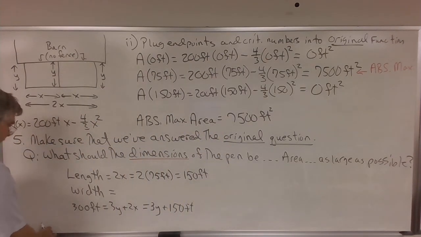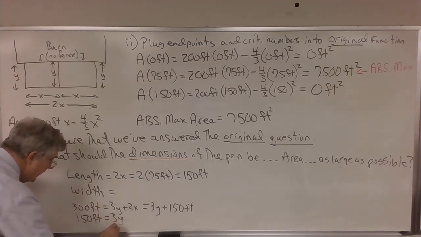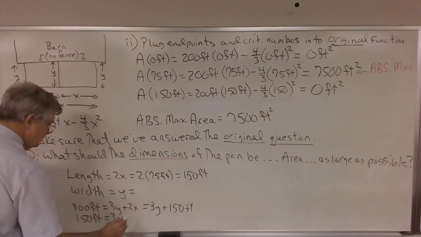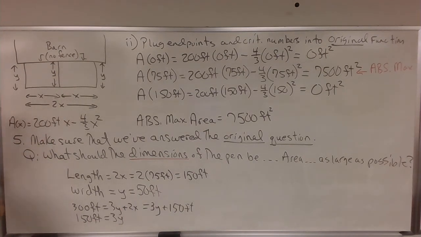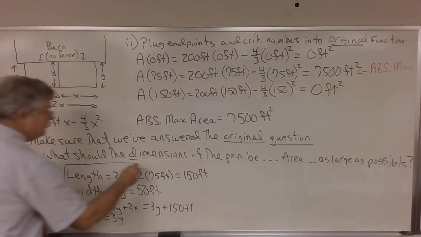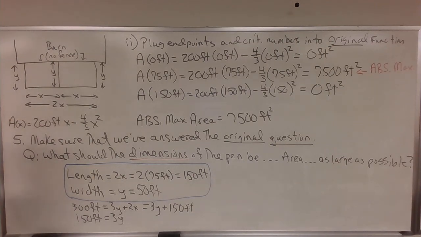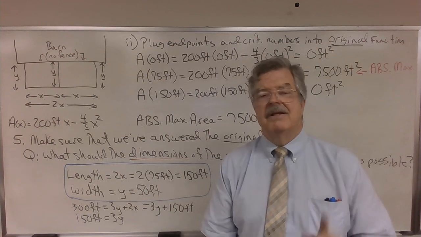And what that means is that 150 feet equals 3y. And so that means y equals 50 feet. Okay, I got the dimensions of my pen that caused the largest area possible to be enclosed. I've answered the original question. Now I'm done.